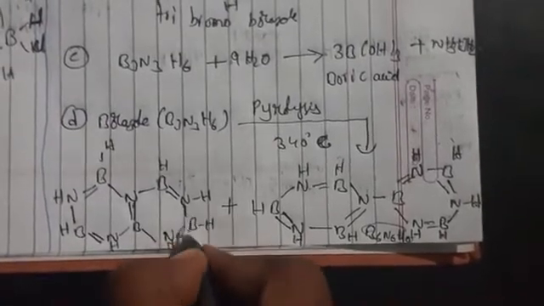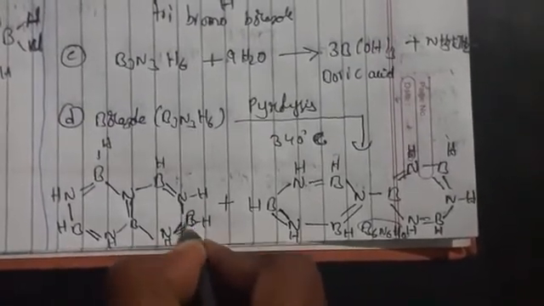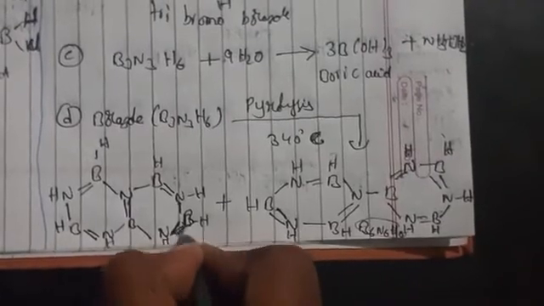This is the product like naphthalene. Okay, the general formula is B5N5H9.